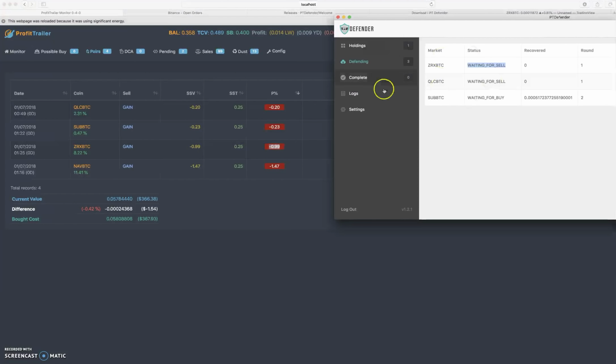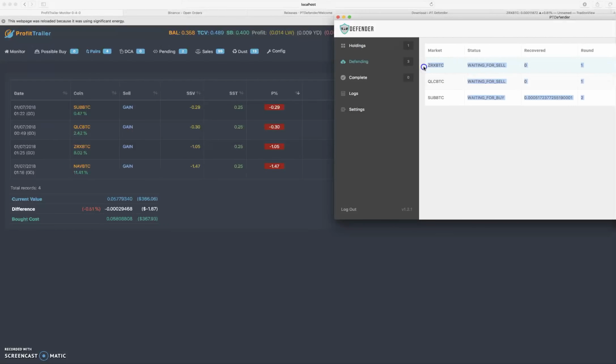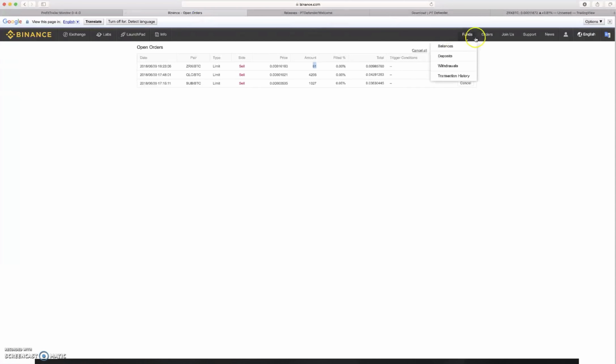Your target percentage in your settings is what you want this bag value to look like after PTDefender has repurchased the coin. So if that makes sense, we have our ZRX that we had just purchased. So we'll go into the exchange and I'll give you a trade history.